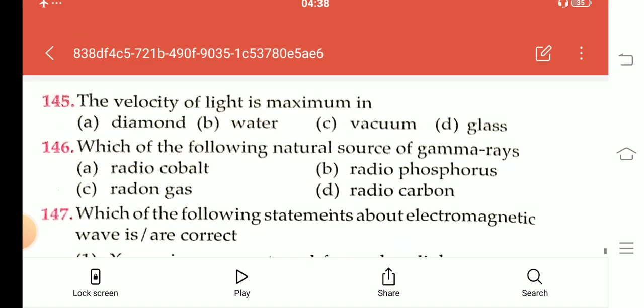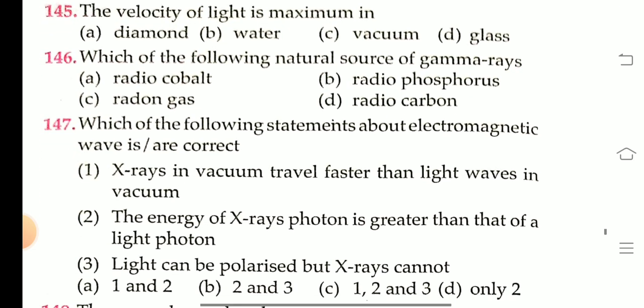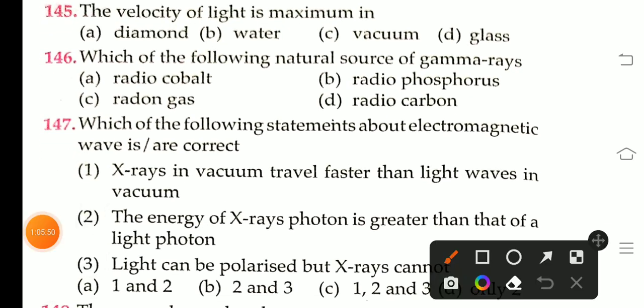Next, the velocity of light is maximum in right answer option C, vacuum. Next, which of the following is a natural source of gamma rays? It's option C, radon gas.